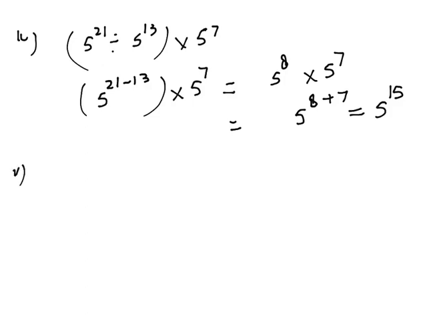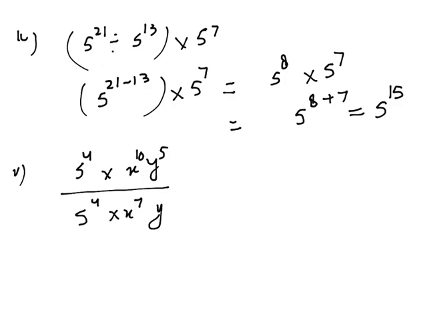Next we have a question like 5 raised to the power 4 times x raised to the power 10 and y raised to the power 5, divided by 5 raised to the power 4 times x raised to the power 7 and y raised to the power 4. Now here we have three different bases, 5, x and y, and different exponents. So we will just subtract the exponents of the same base. Here we have 5 as the same base and exponents are 4 minus 4.